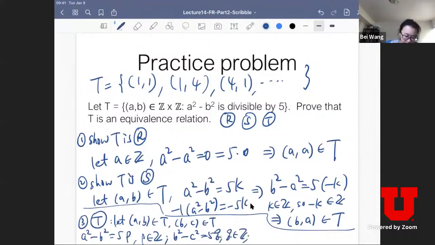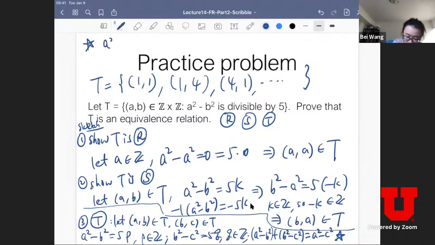All right, so everything I'm saying here is a sketch. The only thing I need to do is arrive at a squared minus c squared. What we need to do is add those two equations together. I get a squared minus b squared plus b squared minus c squared, which is equal to a squared minus c squared. I'm running out of space, so I'm going to continue right here.